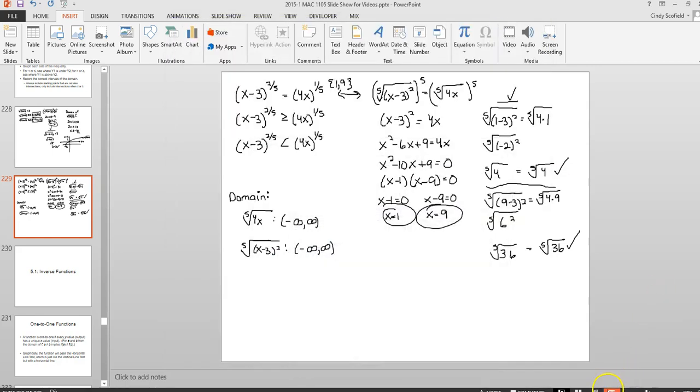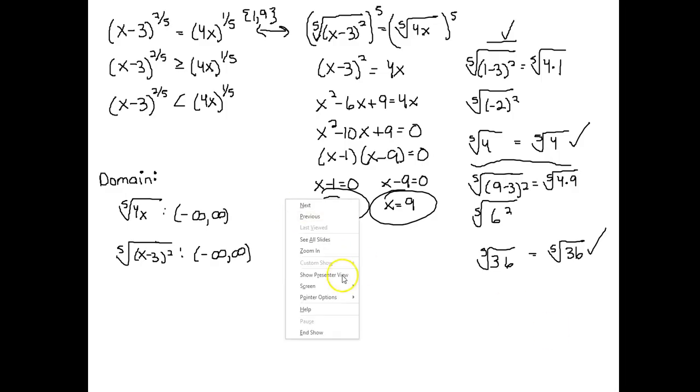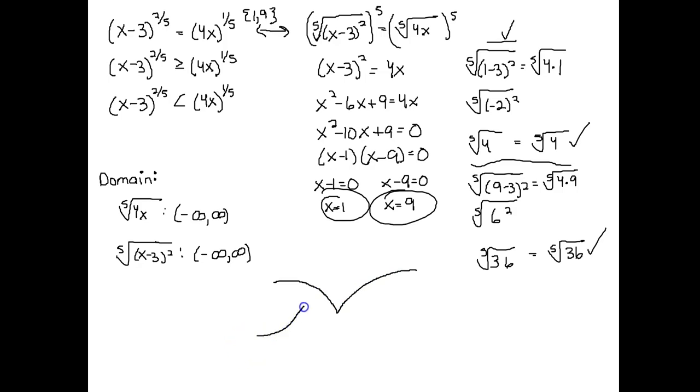So let me make this big again, get my pen going. All right, so we have that V shape that goes like this. And then we have that S shape that takes it like that.